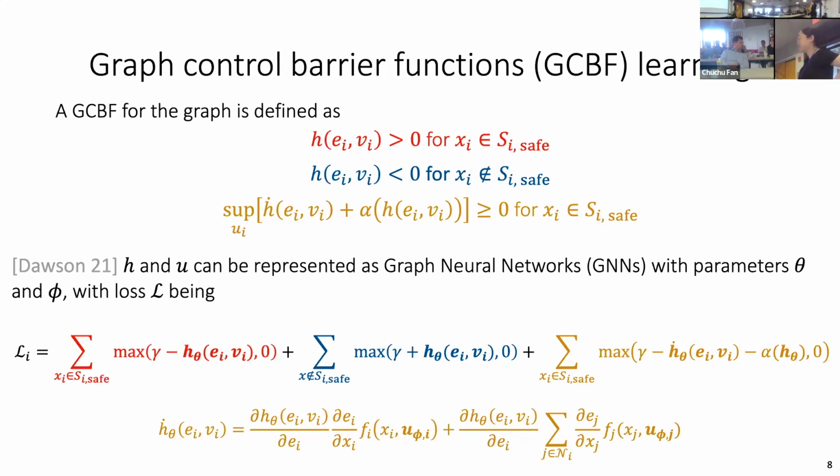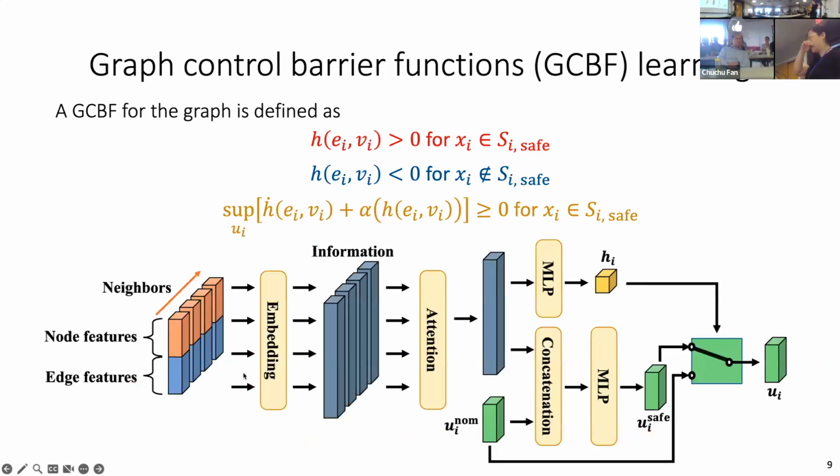I have an even simpler question, which is what is being trained and what is the data that is used to train this network? Yeah, so the data here is basically: you start by letting a small number of agents run, and they will collect the trajectories, including your neighbor's node feature and edge feature.